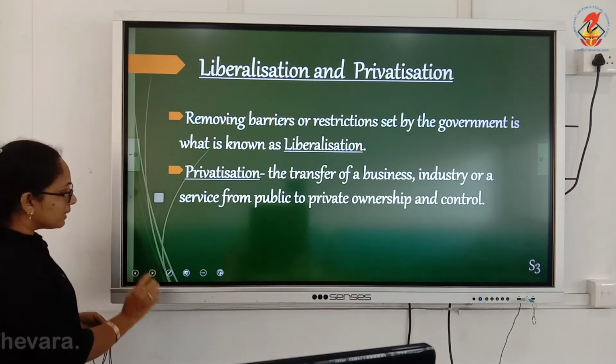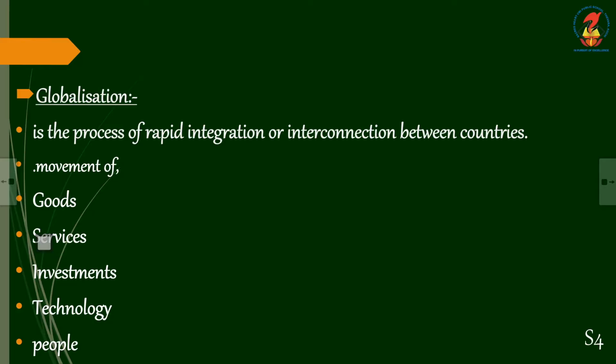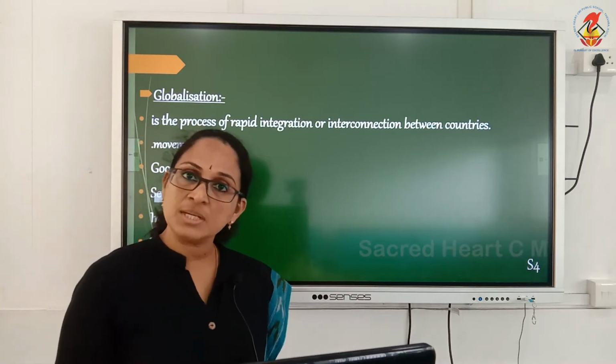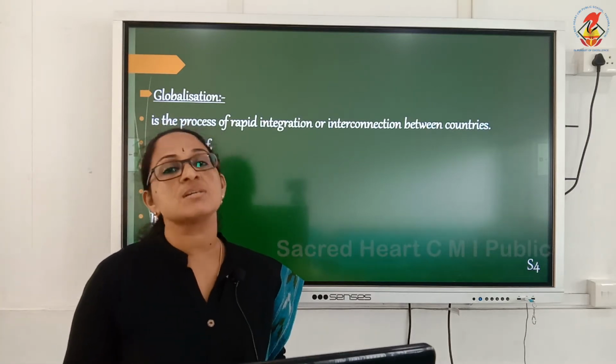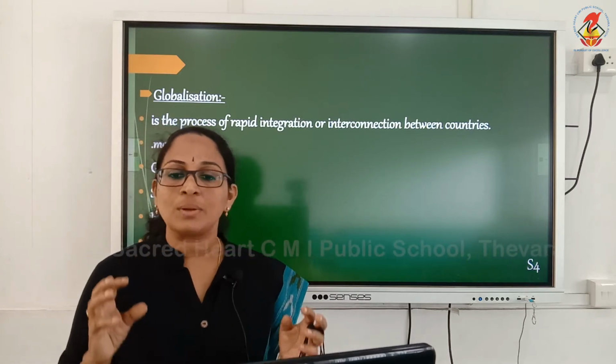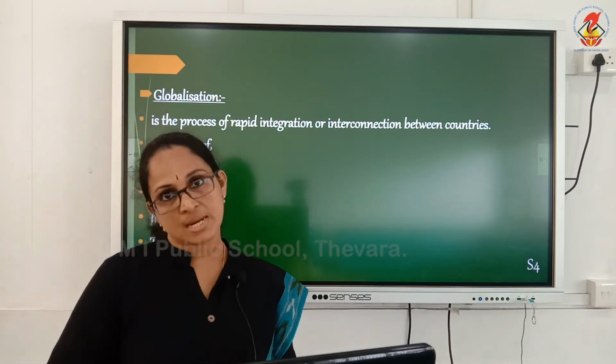Moving to the third and most important feature. Our chapter is about globalization. The third feature is globalization. What is globalization? It is the process of rapid integration or interconnection between countries. Countries are connected through international trade.